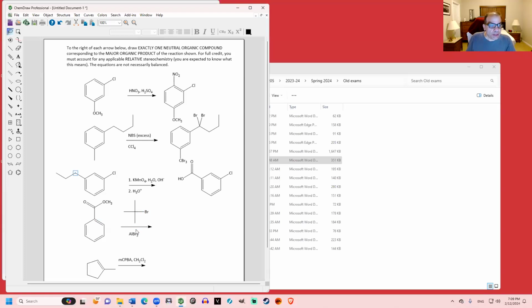The next one, I would expect you to recognize the reagents for Friedel-Crafts alkylation. And actually, in truth, Friedel-Crafts reactions don't work real well when there's an electron withdrawing group on the ring. But the electron withdrawing group has a carbonyl directly attached to the benzene ring. We said that those are meta-directing groups.